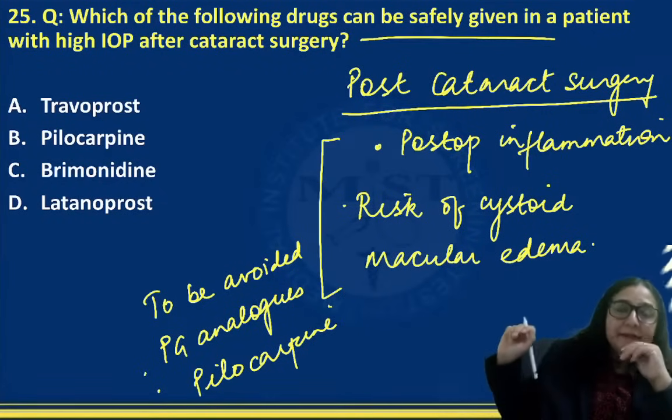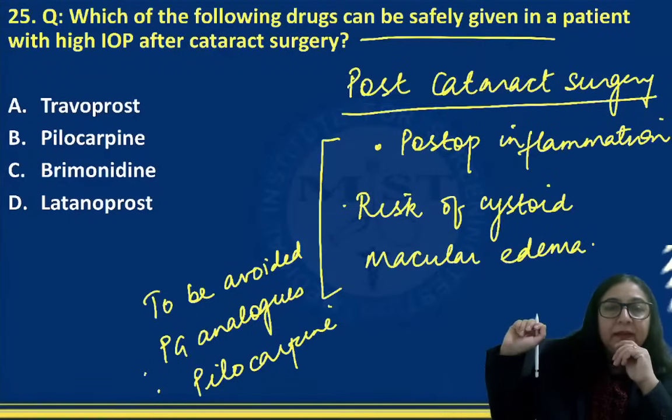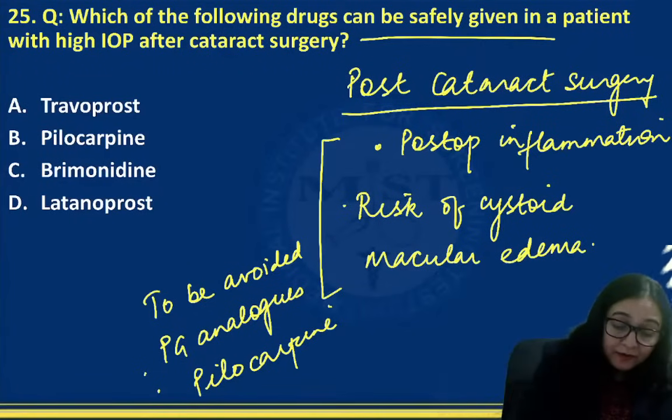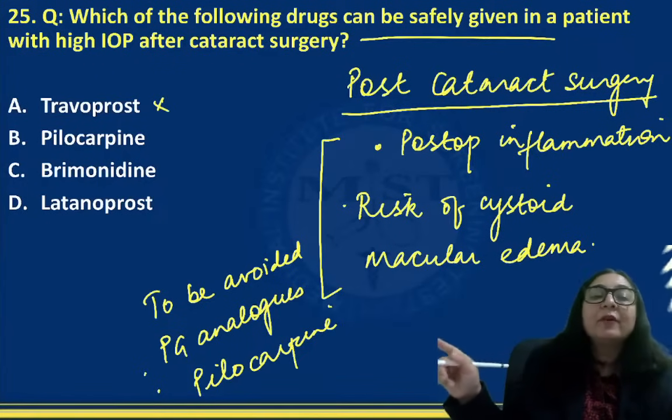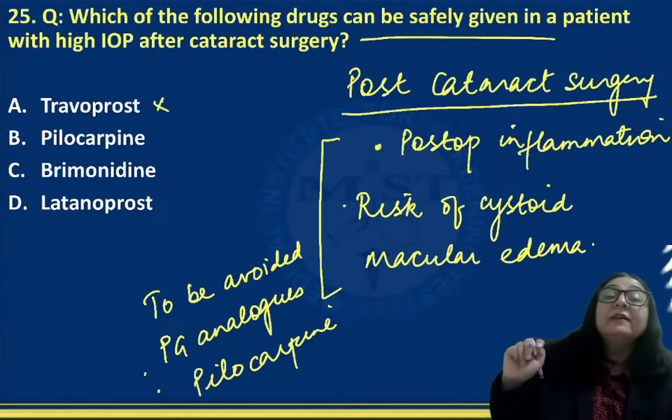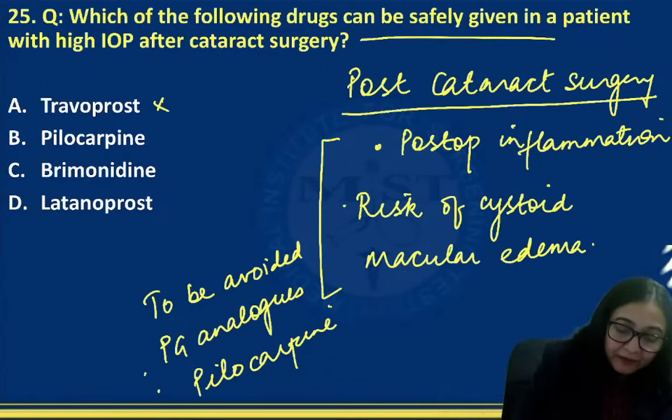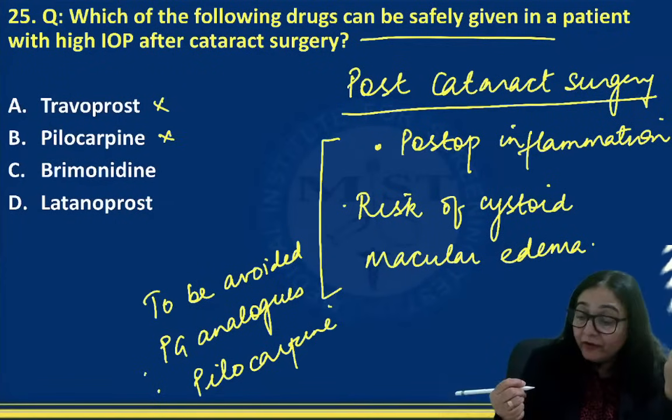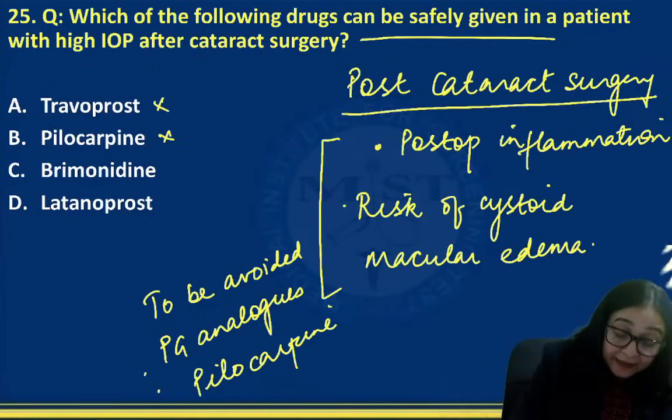So coming to the choices here, travoprost is the prostaglandin analog. Anything ending with prost is a prostaglandin analog, so you will not give prostaglandin. Pilocarpine, again, I just told you it's contraindicated. Brimonidine, you can give.